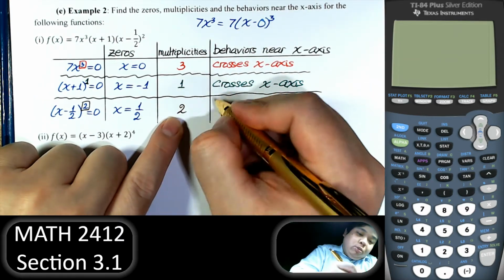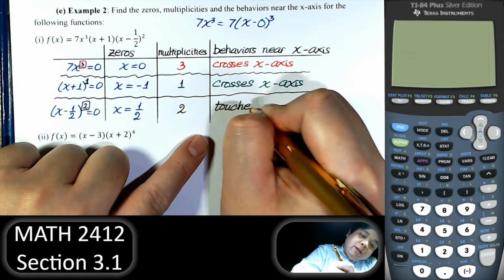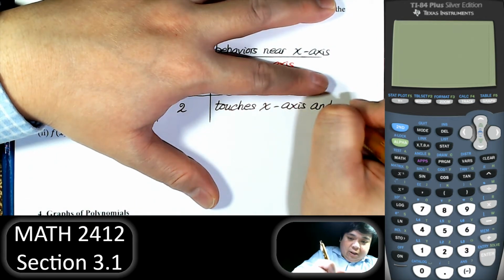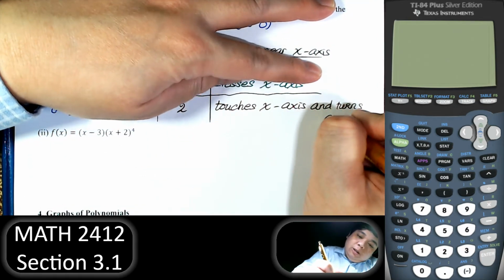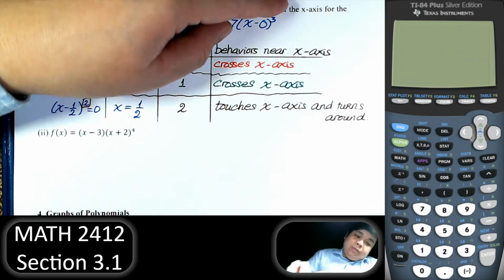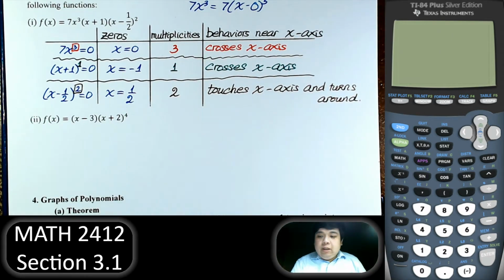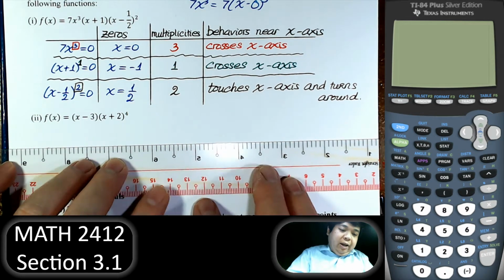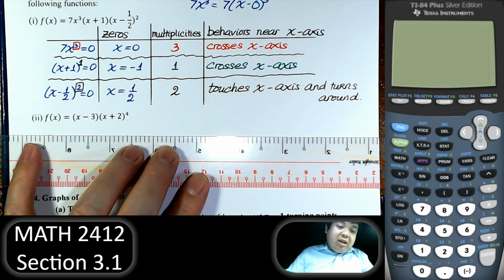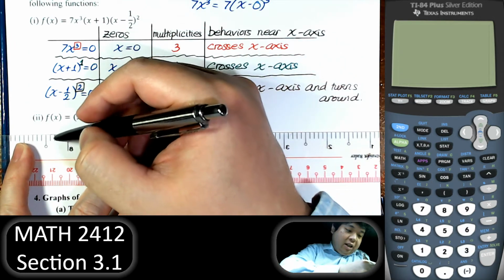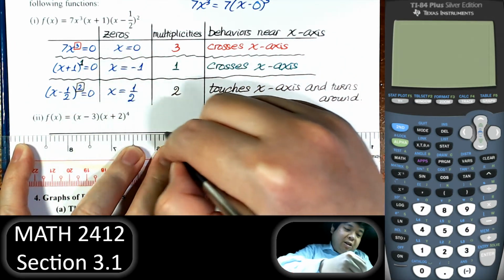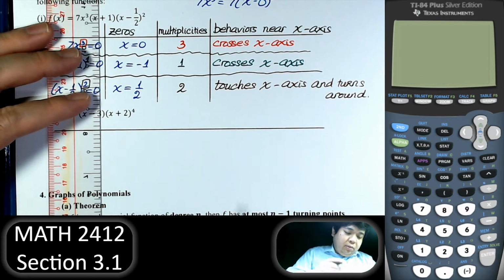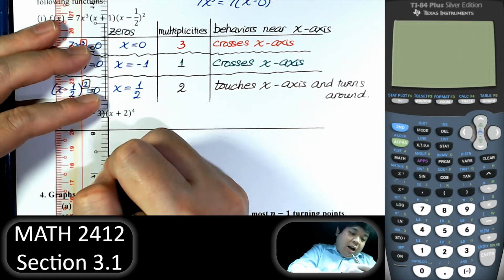And if it's an even multiplicity, it will touch the x-axis and turn around. Simple enough. Same thing for the next example. If it is factored completely, it makes things easier. If it's not factored, then that might be a problem, and we have to factor, of course.